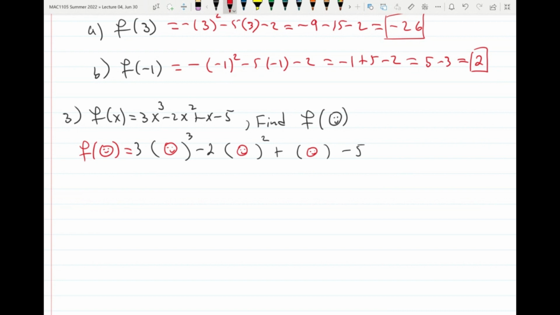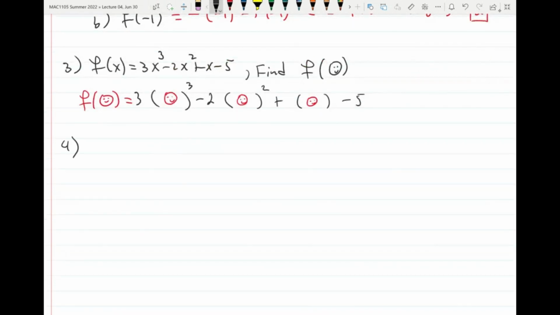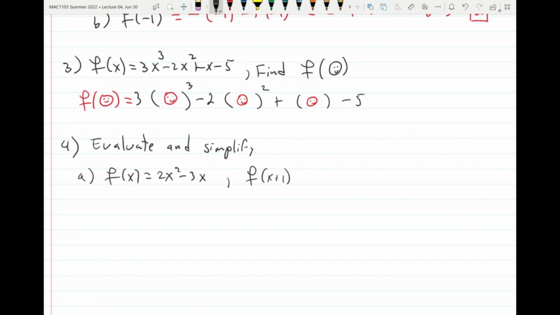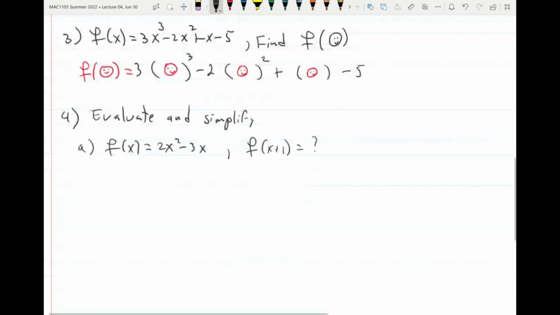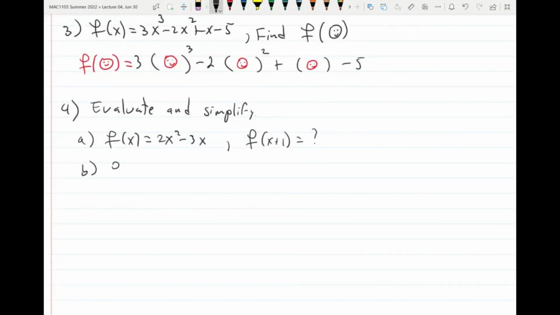Okay? So let's use this idea now. Evaluate and simplify. And so let's see. We have, for f of x equals 2x squared minus 3x, find f of x plus 1. F of x equals 3x squared minus 1, find f of 2x minus 3.